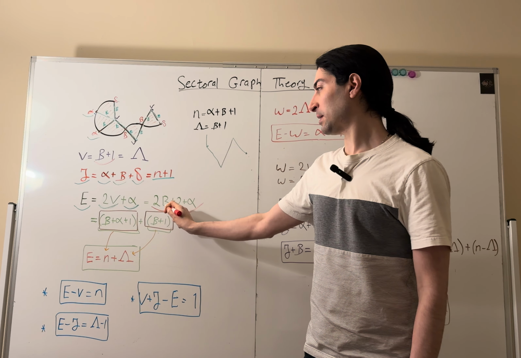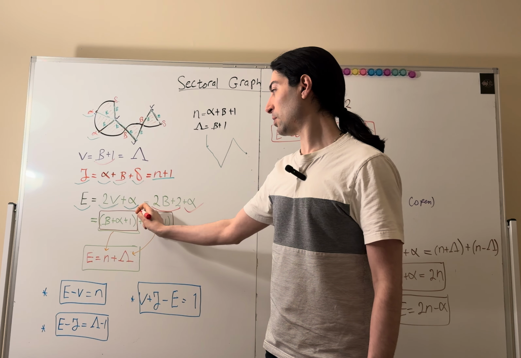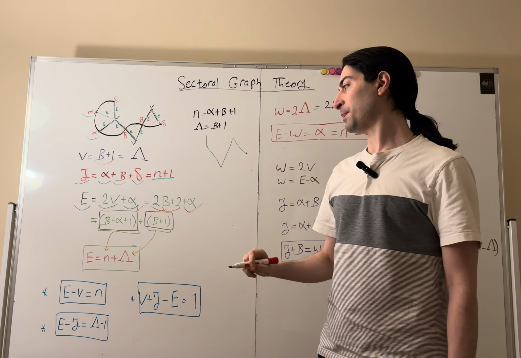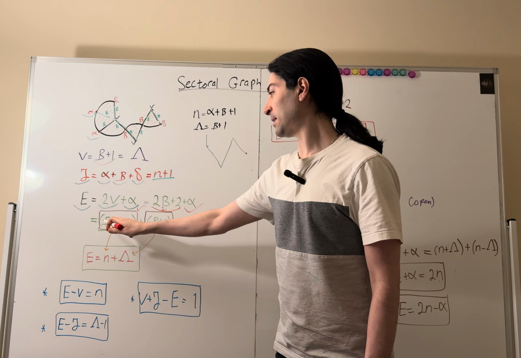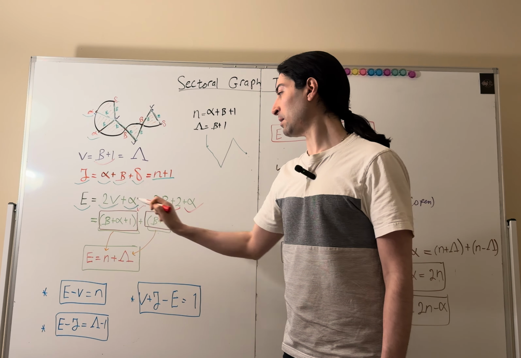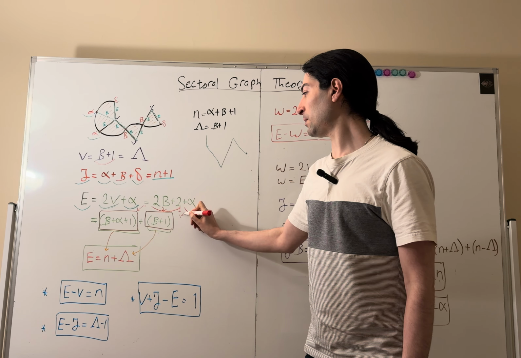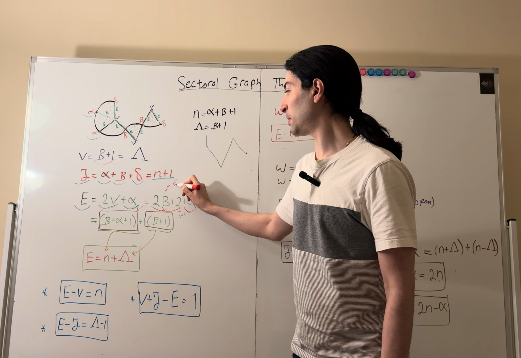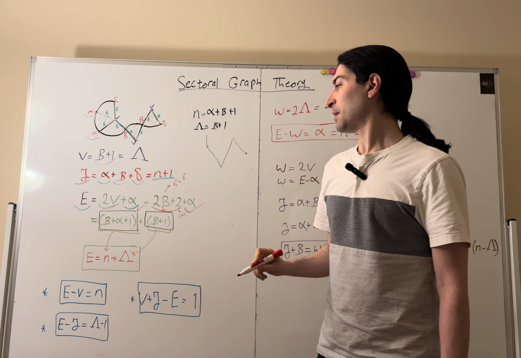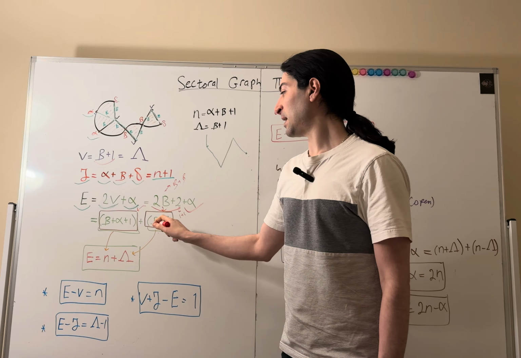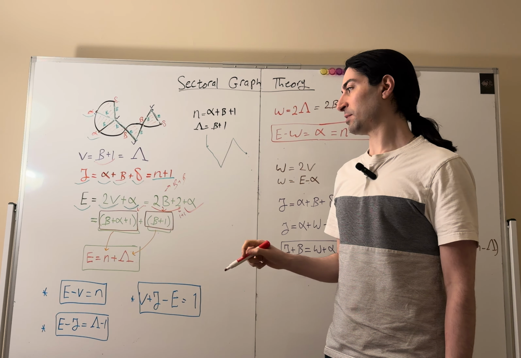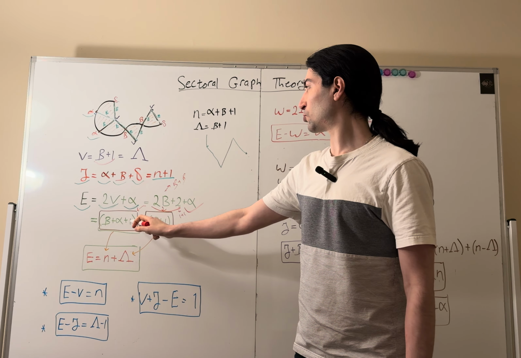We're going to split the 2 beta into beta plus beta, and we will say beta plus alpha, and then we will also split this 2 into 1 plus 1. So this will be 1 plus 1, this will be beta plus beta. And here we will say beta plus 1 is left. So beta plus alpha plus 1.